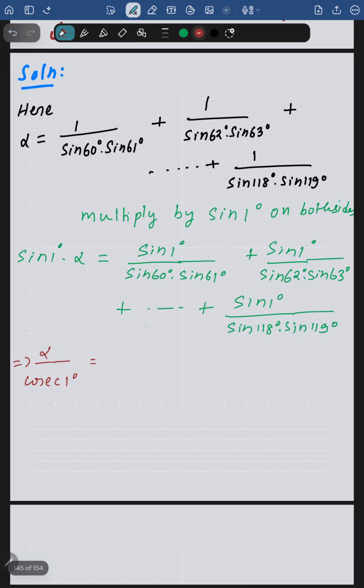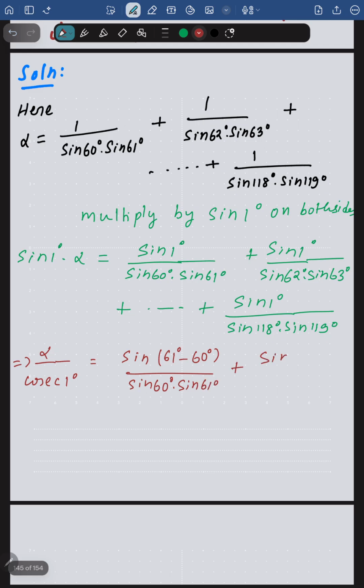On the right hand side, sine 1 degree, for each term we will write individually in a different way. Let us see. Sine 1 degree can be written as, for the first term, sine 61 degree minus sine 60 degree. Denominator will remain same, sine 60 degree into sine 61 degree.